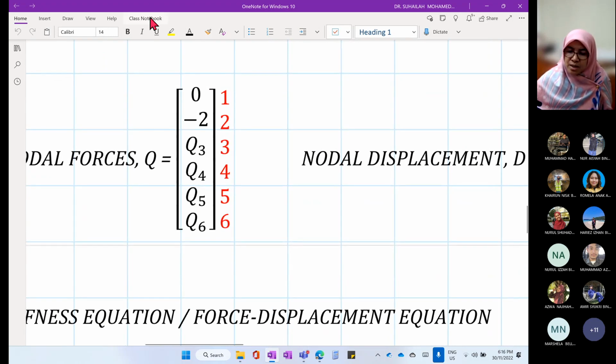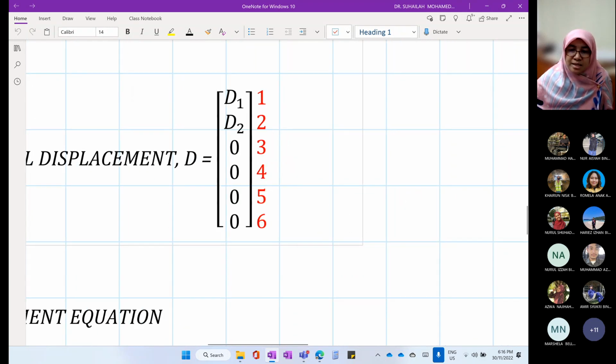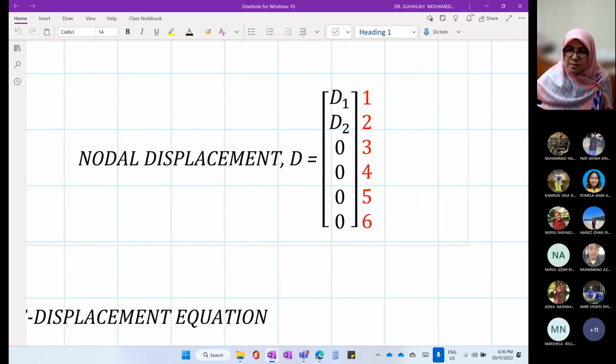In your case you will have Q3 until Q8, while 1 and 2 you have to fill in with value, because it is known forces versus unknown forces. Unknown forces are the unknown reactions. For the nodal displacement, we have D1 until D8.